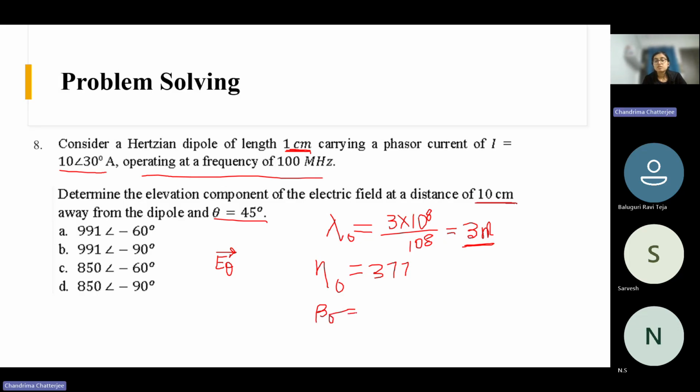Beta naught is equal to 2 pi by lambda naught. 2 pi divided by 3, so 2.094. Okay. Rest of the things are given. I is given, a frequency and length and also the distance theta. These data are given.